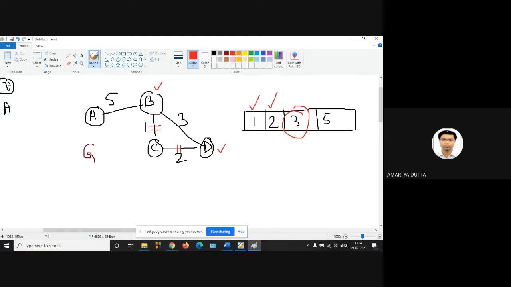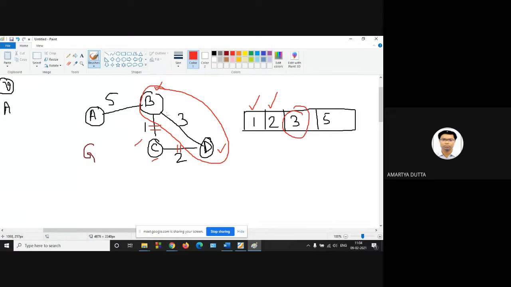So what is the find set of B? Your find set of B is C. Your find set of D is C. These two vertices are connected by an edge 3.